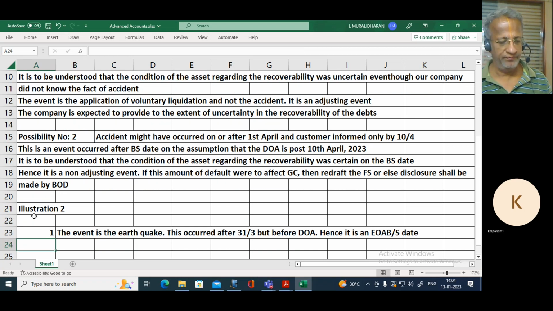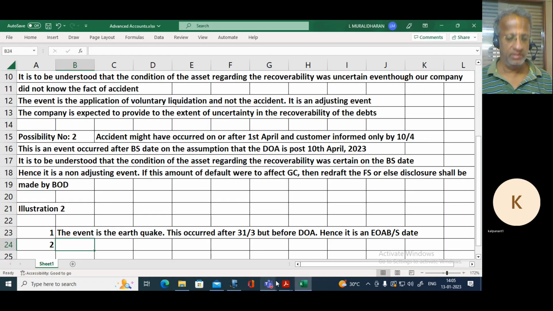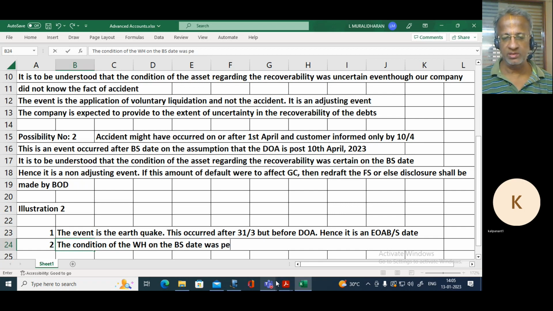Correct? 2. Say something got damaged. It should be either an asset or liability. Major warehouse. The condition of the warehouse on the balance sheet date was perfect.